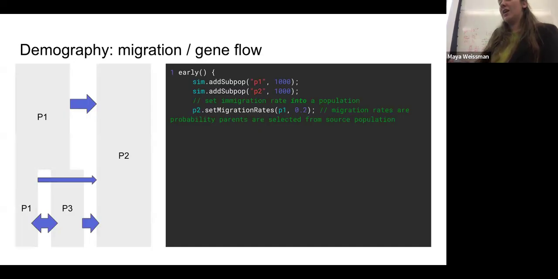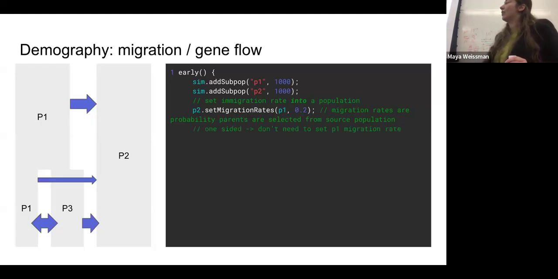What SLiM is doing here is saying that with a 20% chance in every generation, I'm going to choose my parent from one of the genotypes that originated in P1. Does that make sense? Because we're not actually tracking migration like you would kind of imagine it. It's just where you're allowed to pull the parents from. That also means that there can be stochasticity in the realized amount of migration or gene flow.